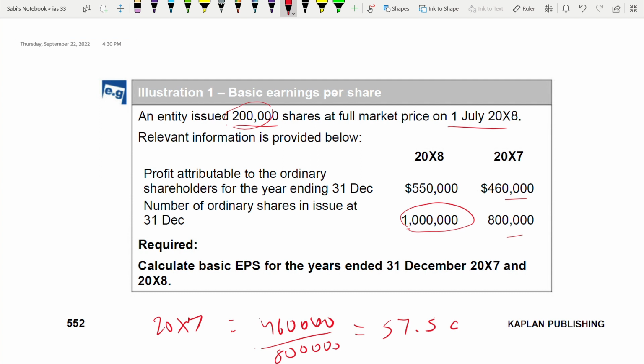So they added this 200,000 to the 800,000 and then show this 1 million. But you see, they issued this on 1st of July, so it is for 6 months. That means the 800,000 is only for 6 months, and the 1 million is for the remaining 6 months.